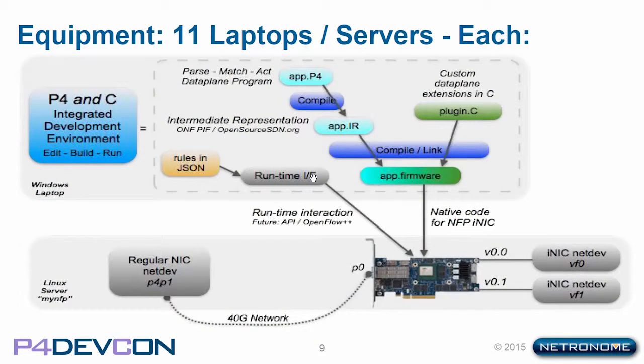But if we have this data path, whatever method we use to create it, this runtime interface won't in practice be people banging on keyboards to create flow entries. This is going to be, as the diagram indicates, some form of API.